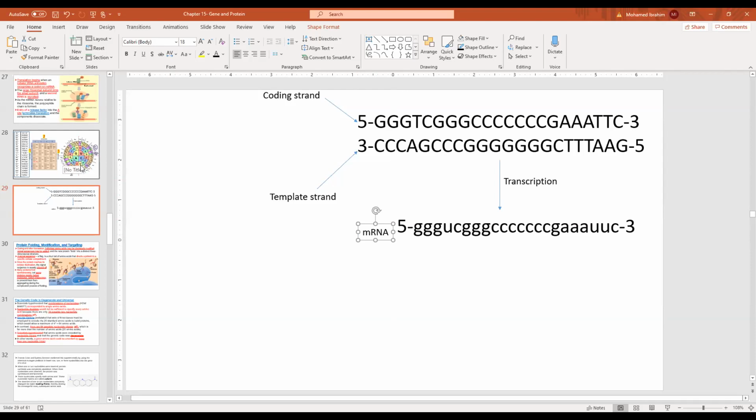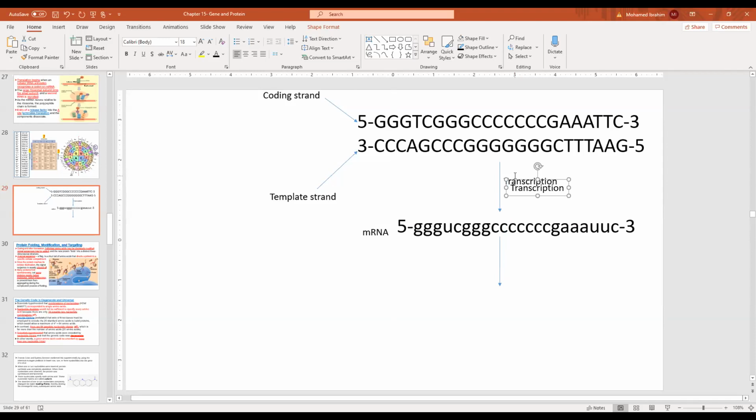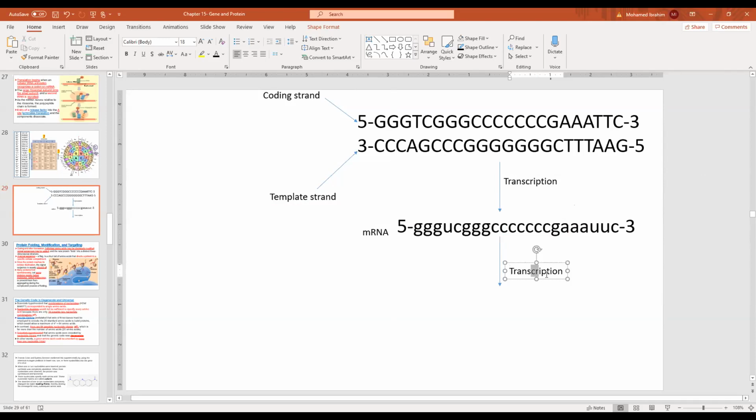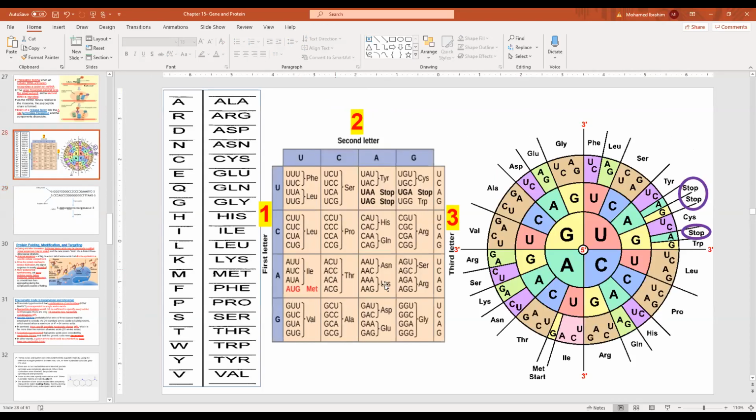Okay, now if I ask you to do translation, and this is a fun part here, I ask you to convert this piece of RNA to protein. I will give you a table, and I prefer to use the wheel.